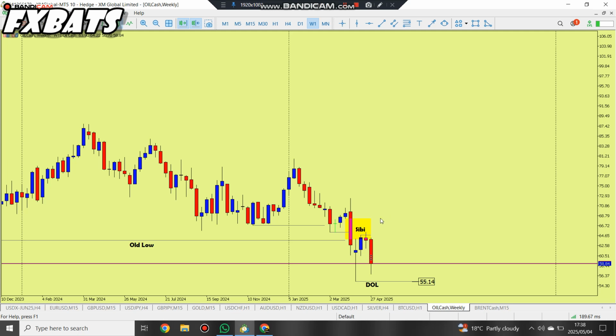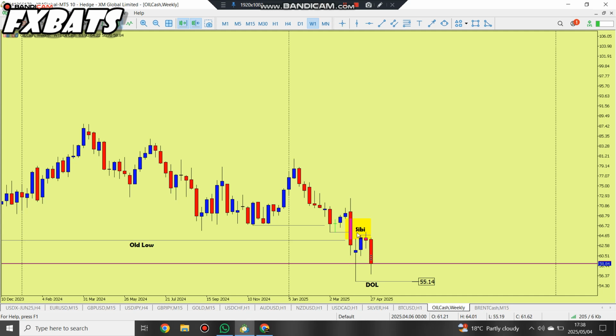On weekly, according to the current weekly order flow leg, we saw a break of structure in between, and we saw price rejecting this CB. CB is sell side imbalance, buy side inefficiency. It's the same thing as a fair value gap, definitely.